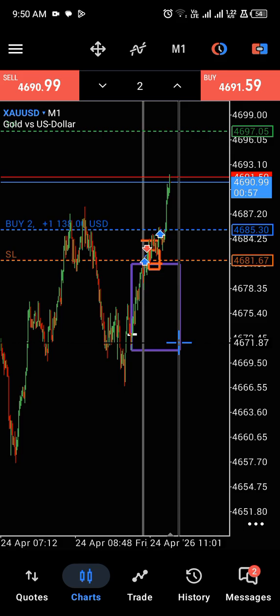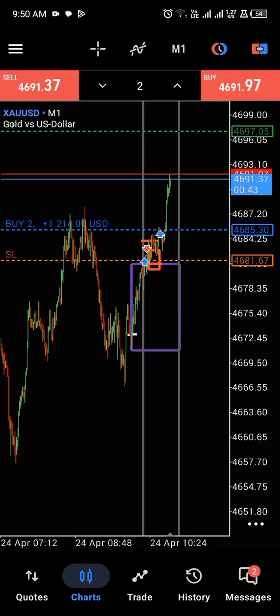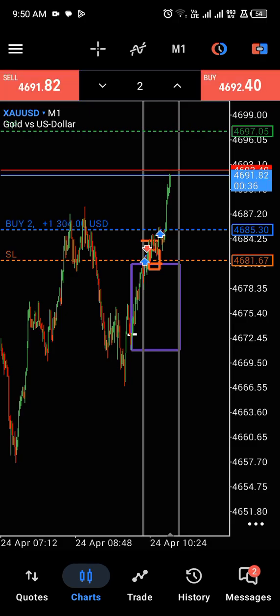But if I have a running position, I can still wait for it to do whatever it wants to do even after my 1 hour time window. My 1 hour time window is specifically for execution. But if I already had a trade running, I can hold it throughout. If it takes half of the day, I can hold it throughout.